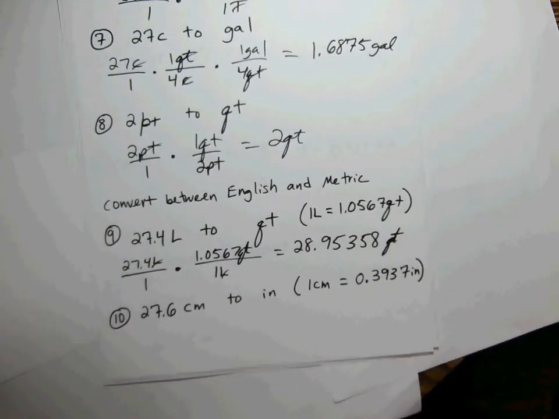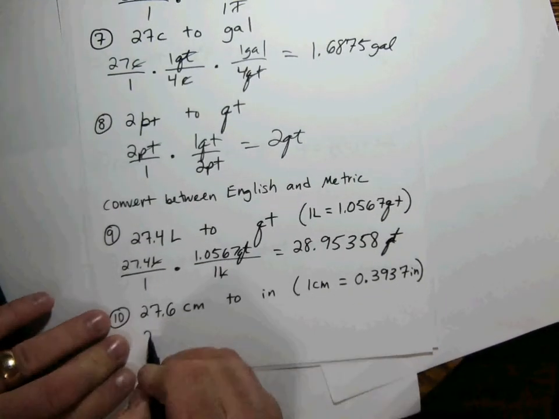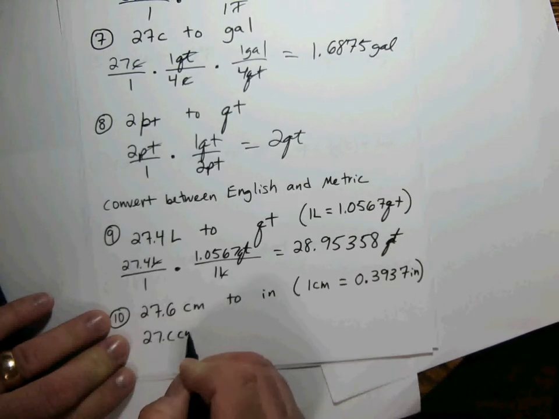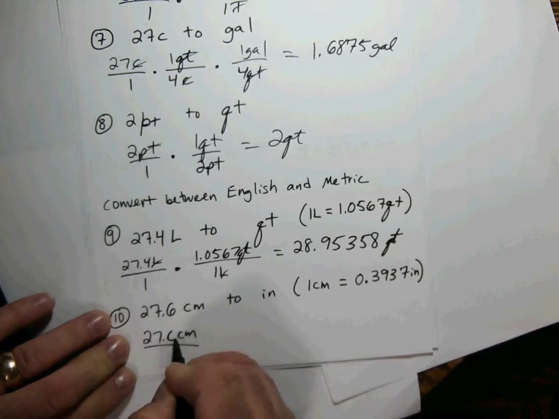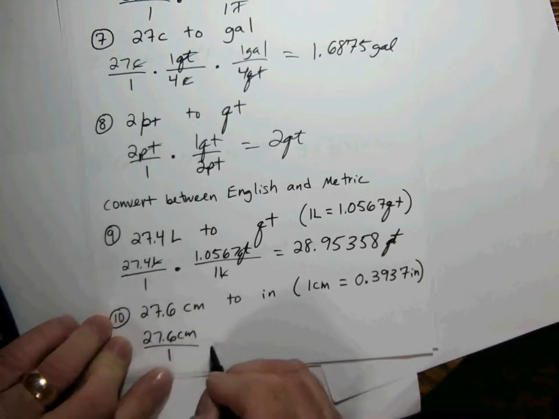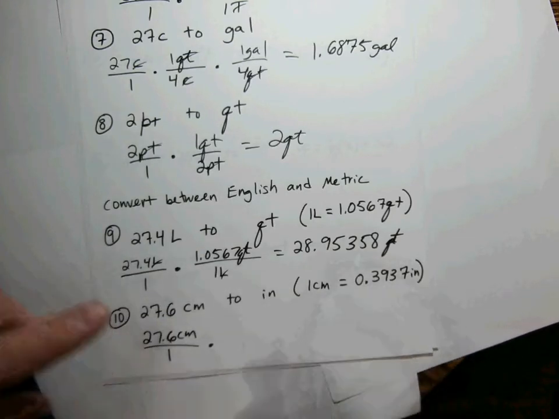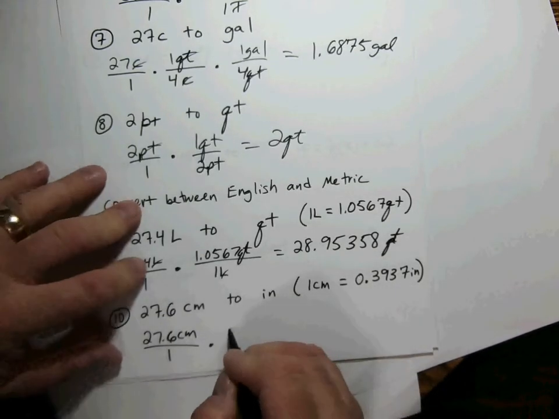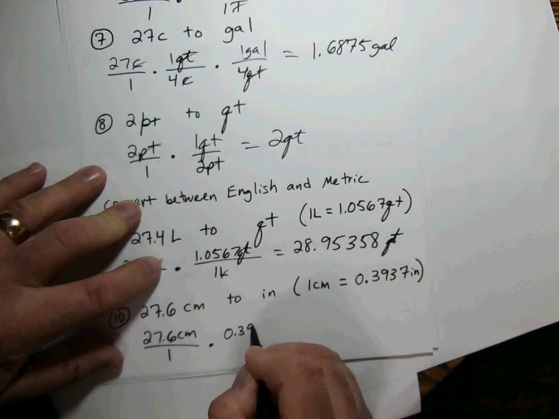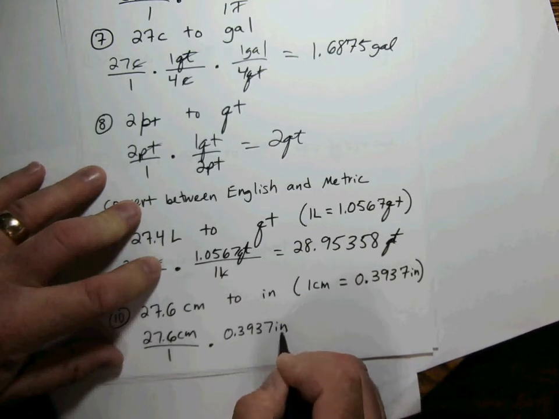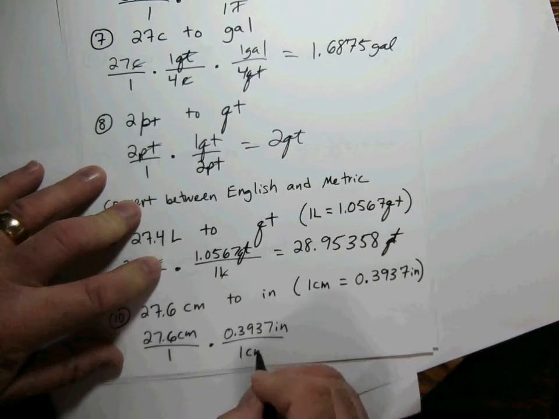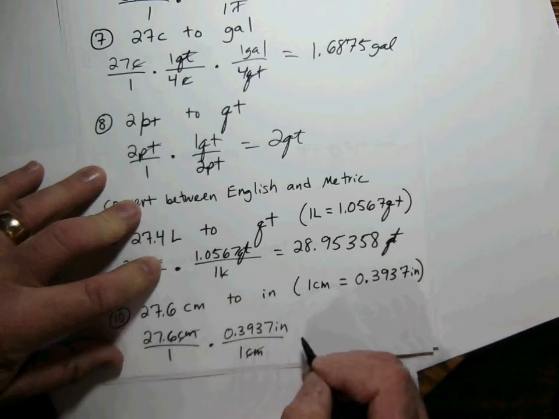Centimeters to inches. 27.6 centimeters. Give it a denominator of 1 and multiply by this, and I need to figure out which way to go. I want inches on top, and I want centimeters on the bottom, so the centimeters cancel.